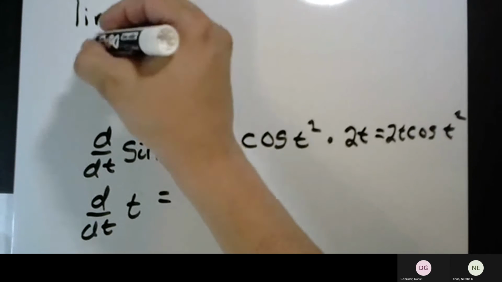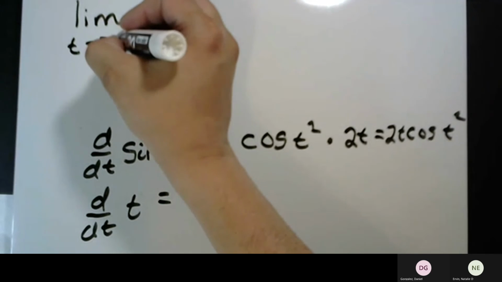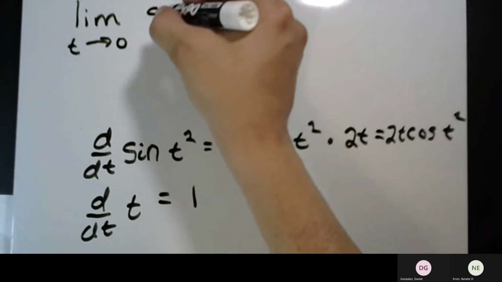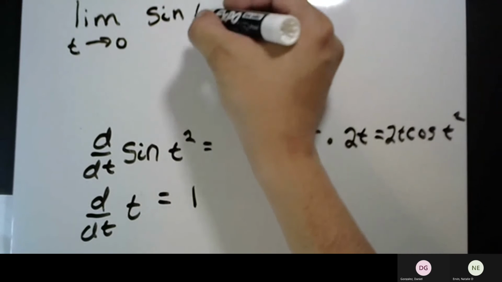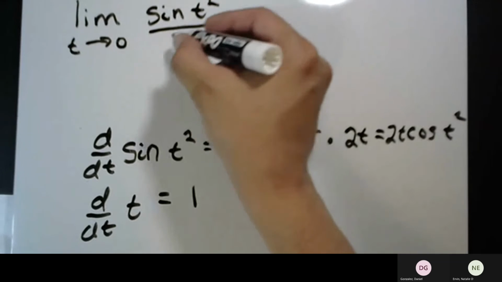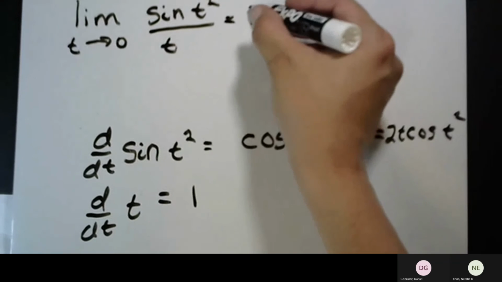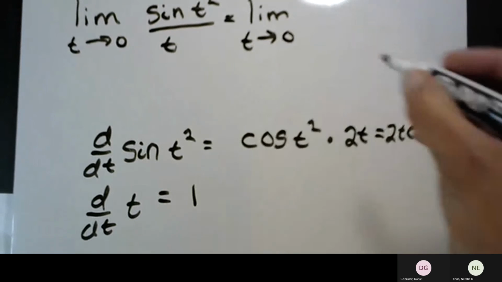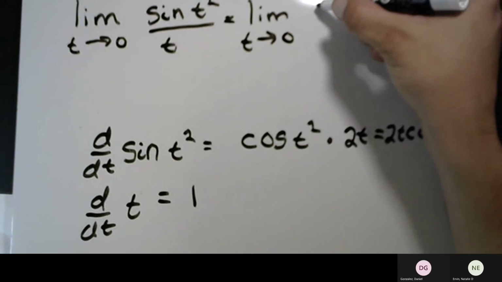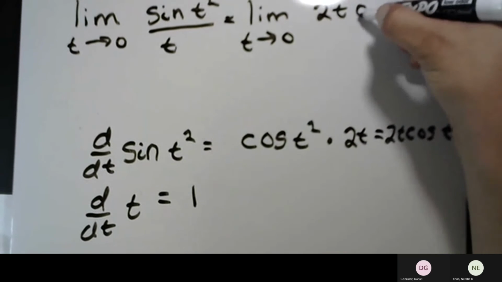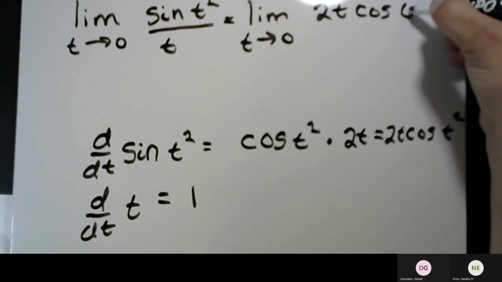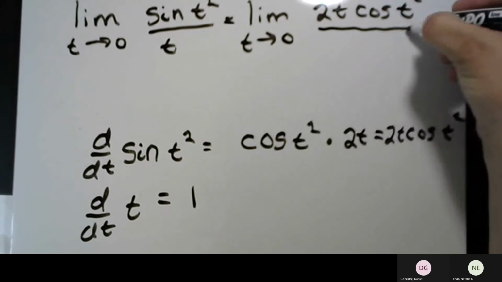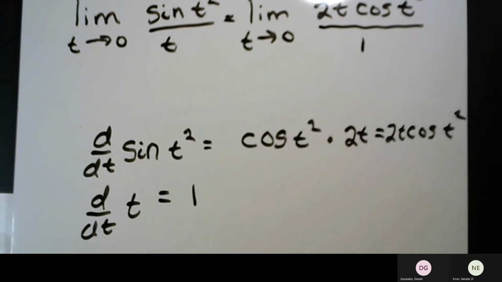So now we can say, using L'Hopital's rule, the limit as t goes to 0 of sine of t squared over t will equal the limit as t goes to 0 of 2t cosine t squared over 1. So that's what L'Hopital's rule allows us to do.